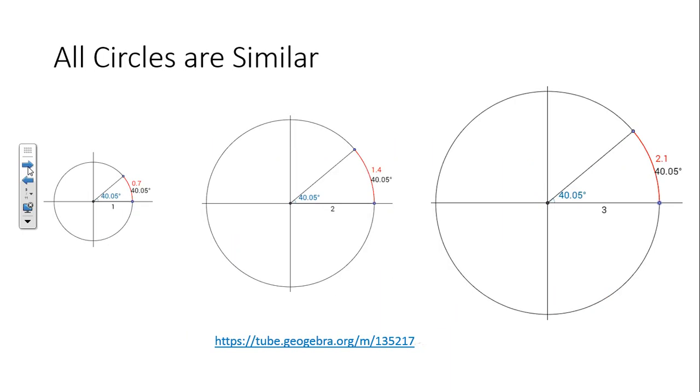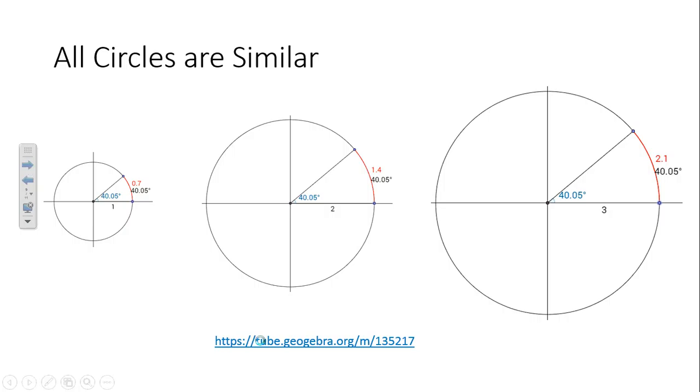This is going to seem logical. Because there are no edges, no angles, and so forth in a circle, all circles are going to be similar. Circles are congruent if they have the same radius, but all the circles are going to be similar. As the radius gets larger or smaller, they'll be similar. They'll be proportional. Okay?